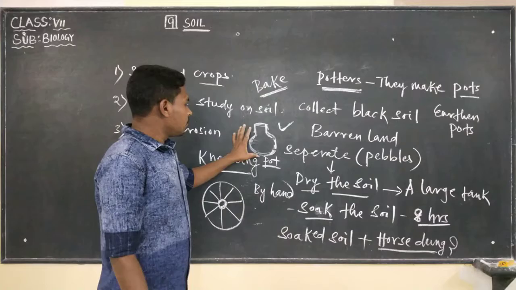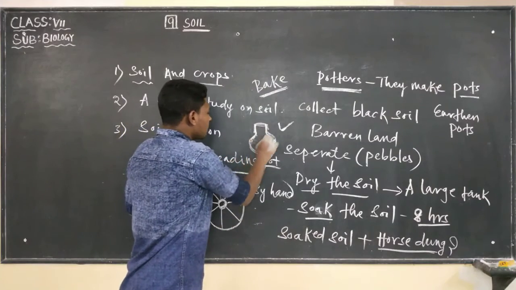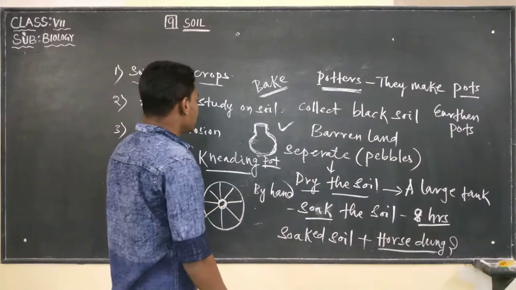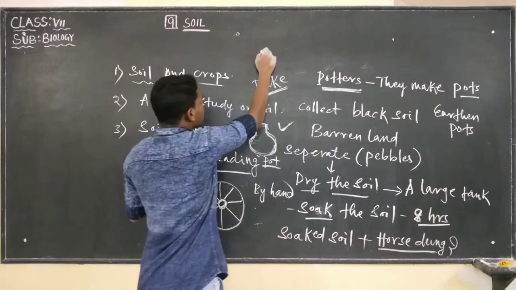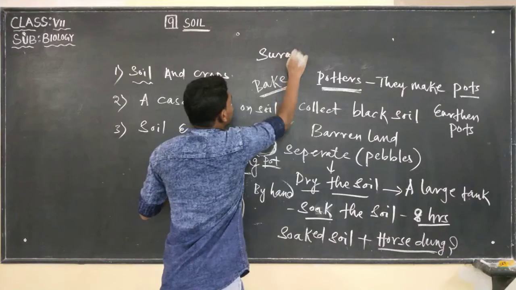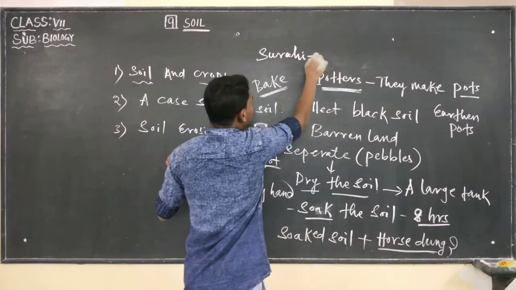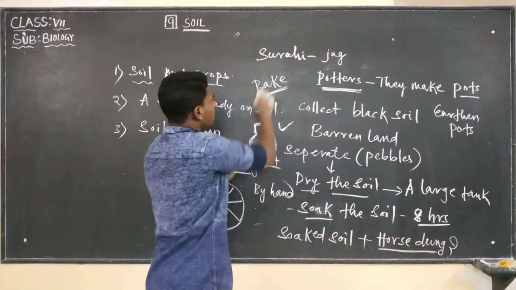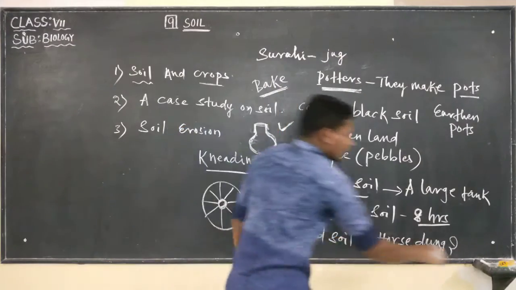So you might have come across different items made up of clay soil. Now we know that surahi means the jug made up of soil. Okay, surahi is a jug made up of soil.